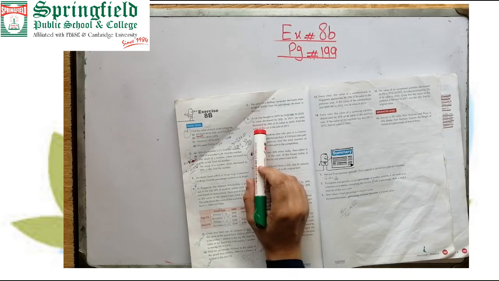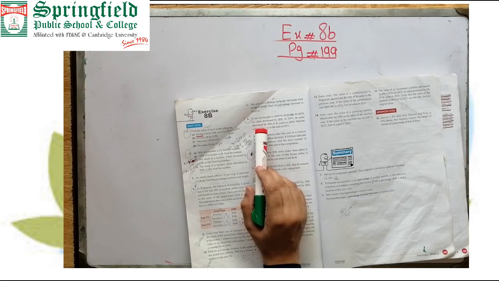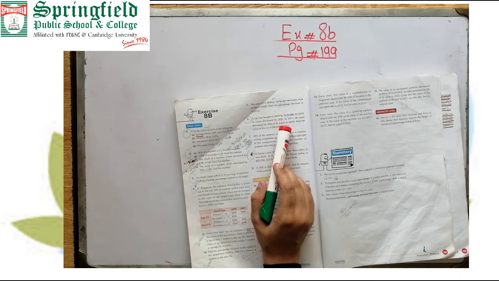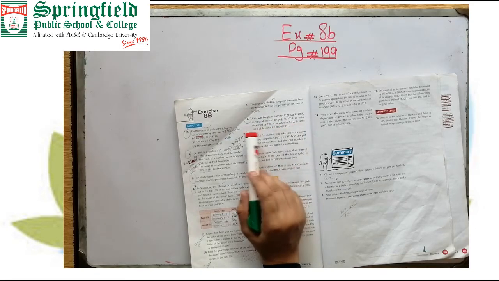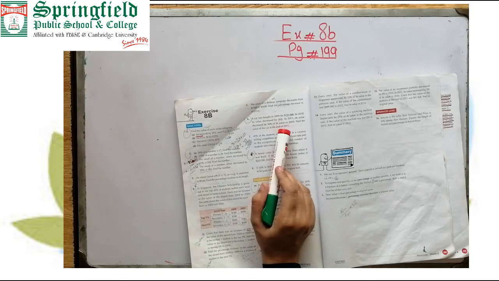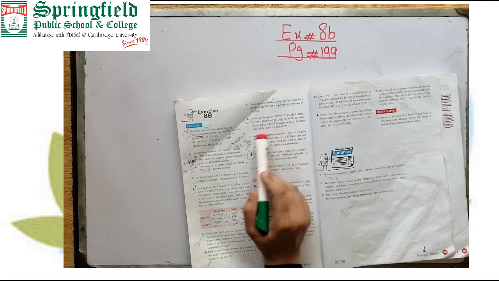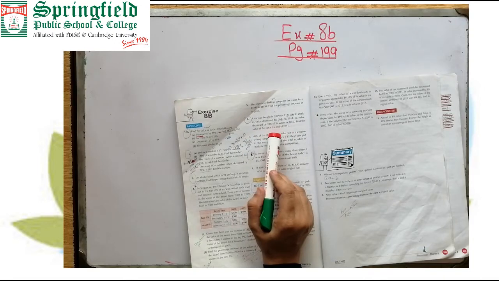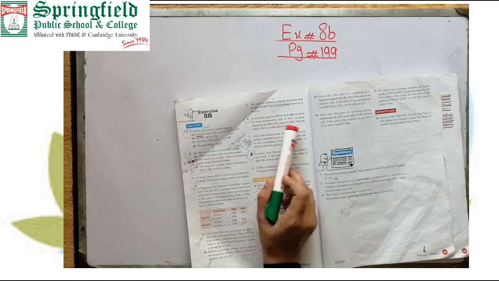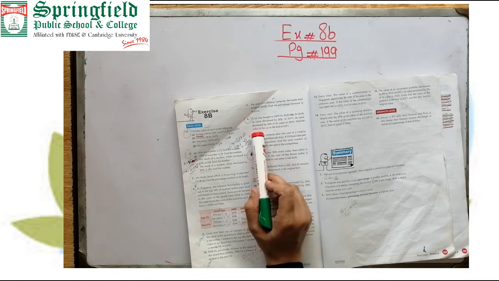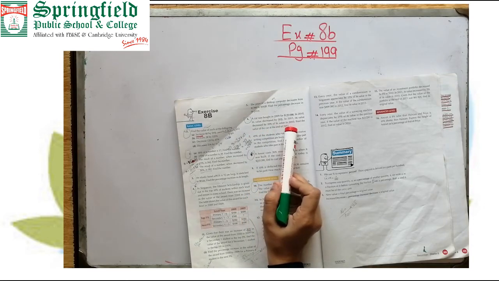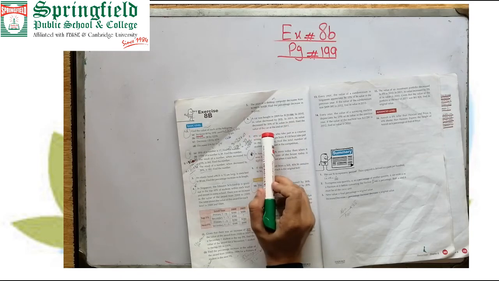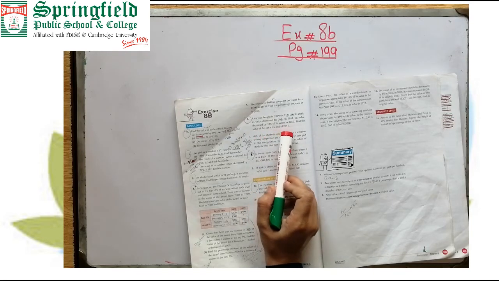Now come to question number 6. A car was bought in 2009 for $120,000. In 2010, its value decreased by 20%. In the next year, 2011, its value decreased by 10% of its value in 2010.